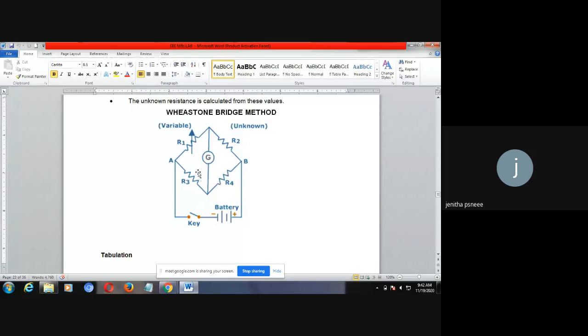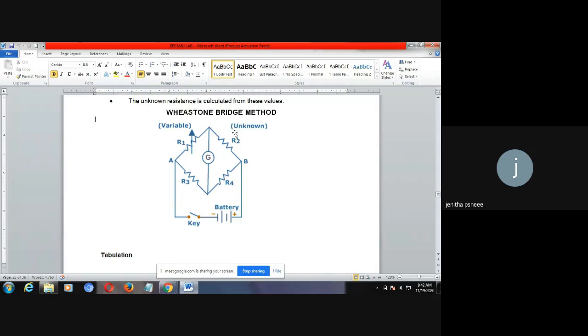If I calculate this value, what is the formula for calculating? We already saw this formula: R2 is equal to R1 by R4 into R3. This is the formula for the bridge. If you calculate with the formula, you can find the balancing condition. So what is the value of R2? The unknown value of R2 can be found using the formula.